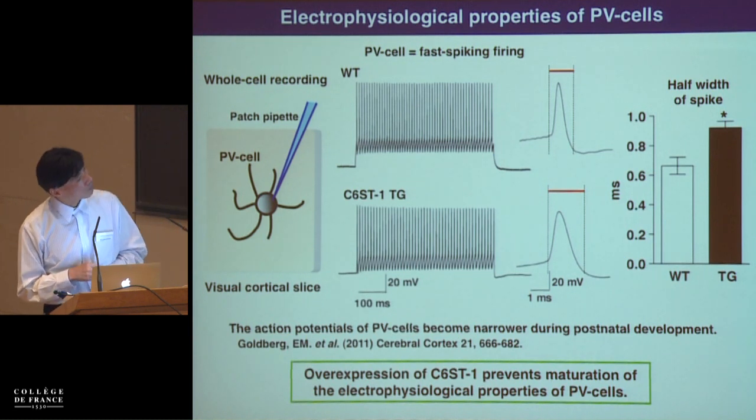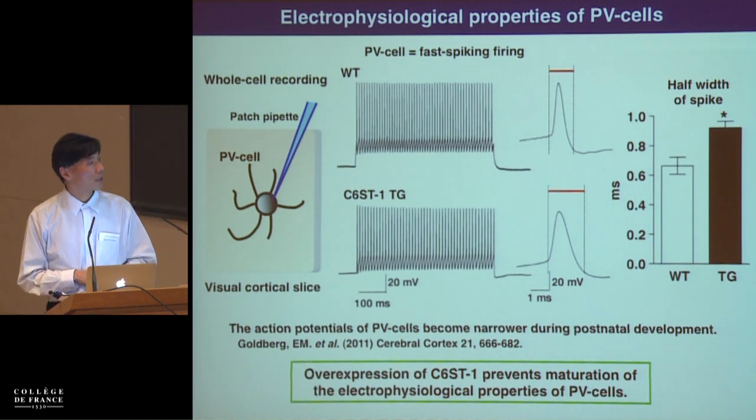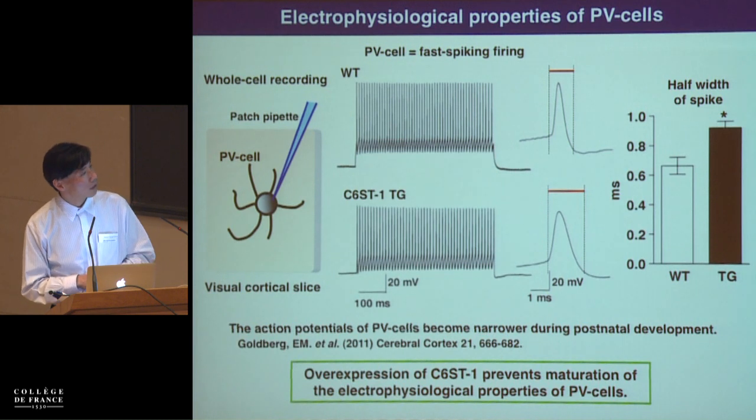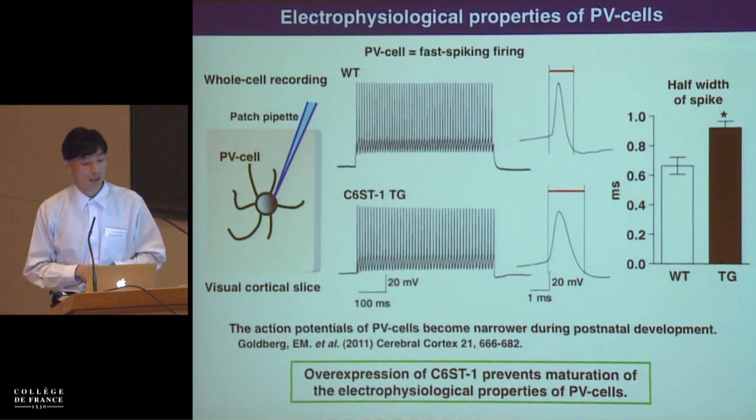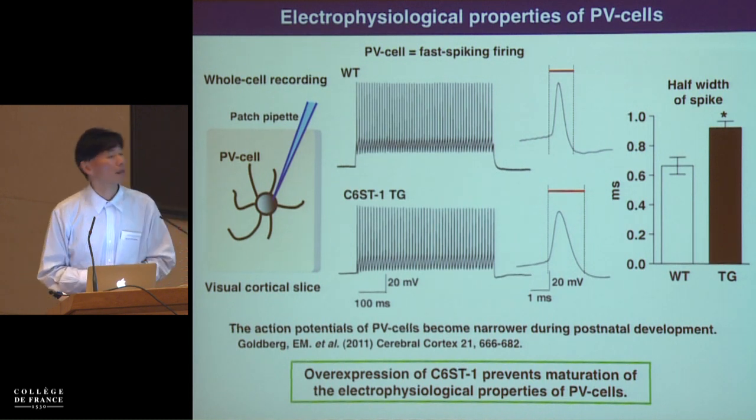Because action potentials of PB cells become narrower during postnatal development, we concluded that overexpression of C6ST1 prevents the maturation of the electrophysiological properties of PB cells.